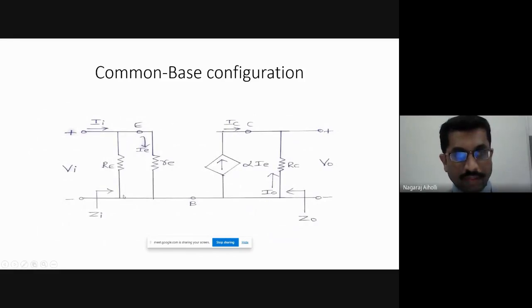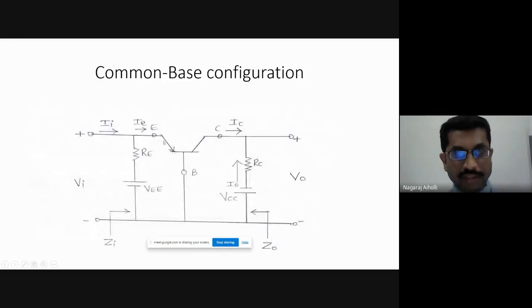Then the emitter base junction of the PNP transistor is equivalent to the PN junction of a diode, and this emitter base junction can be replaced by the AC resistance, small re, which is the AC resistance of the diode or of the emitter base junction of the transistor.